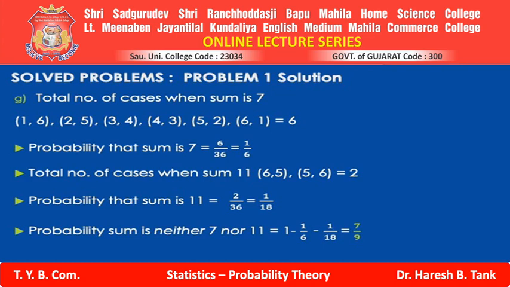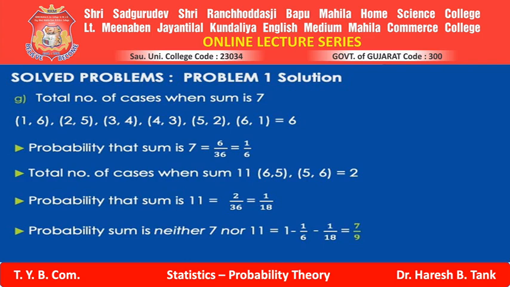There are 6 different ways of getting sum as 7, and they are 1 6, 2 5, 3 4, 4 3, 5 2 and 6 1. So probability of getting sum 7 is 6 by 36. 6 is the favorable cases, 36 is the number of exhaustive cases. Simplifying it, it comes to 1 upon 6.